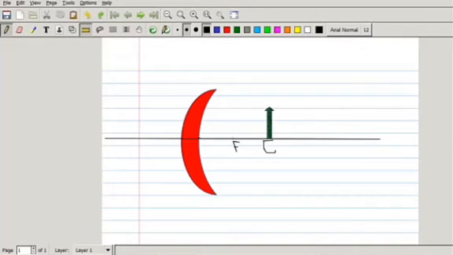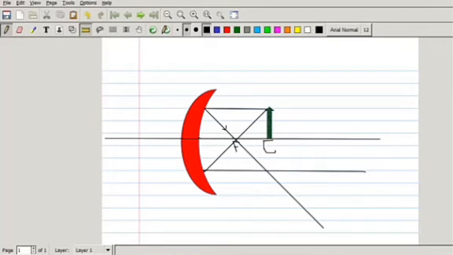Now let us consider a ray which passes parallel to the principal axis and after reflection passes through the principal focus. Another ray which passes through the principal focus, after reflection passes parallel to the principal axis.